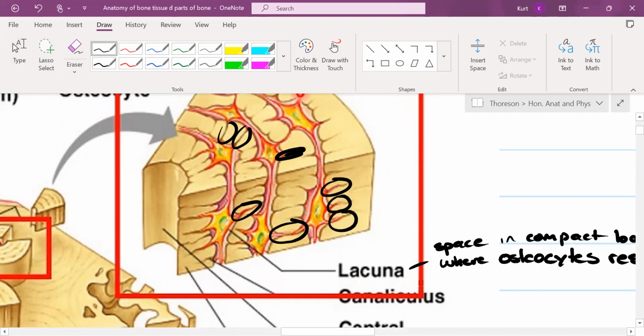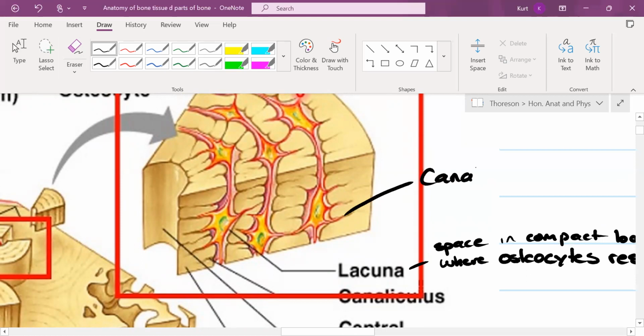Those projections are sticking out of the osteocyte and into the actual bone. These are called canaliculi. They're projections from osteocytes.